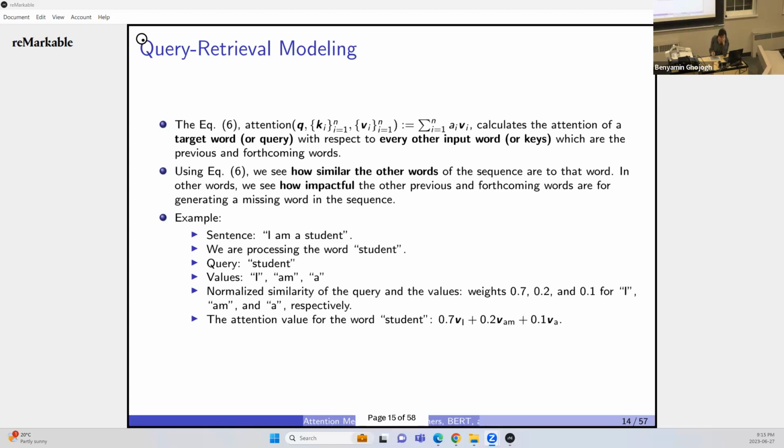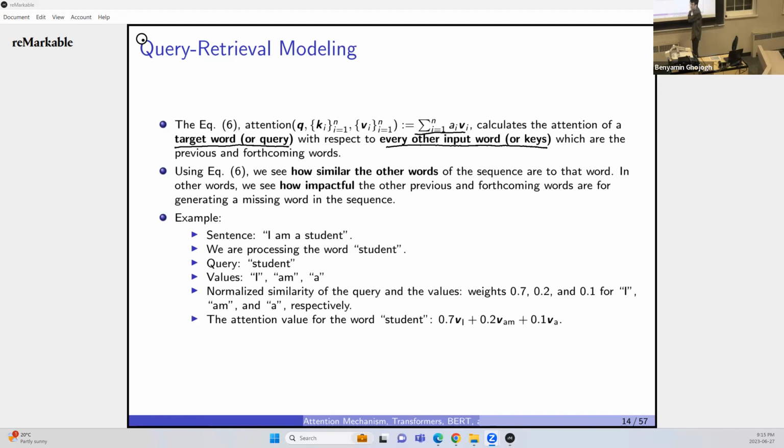Okay, so this is equation 6 that we talked about for attention. What does it do? It calculates the attention of a target word or a query with respect to every other input word or keys. Now, we use the idea of attention or soft database for natural language processing. What does it mean?